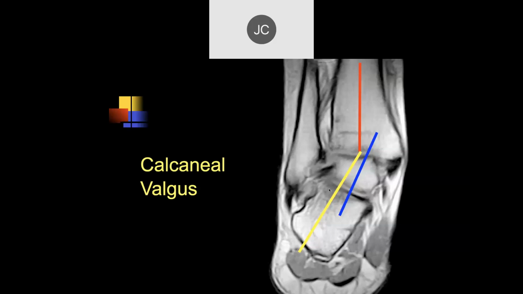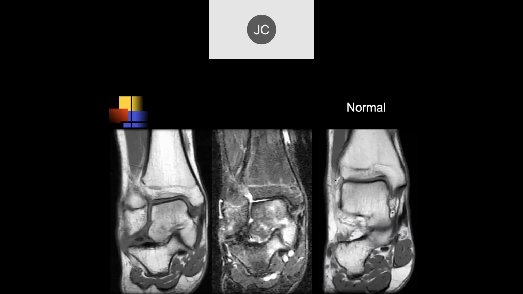We will be talking about the different impingement syndromes later. So this is an abnormal configuration. In adults like this, it's usually due to chronic long-standing insufficiency of the posterior tibialis tendon, where the talus actually remodels and you get this fixed deformity within the bones.